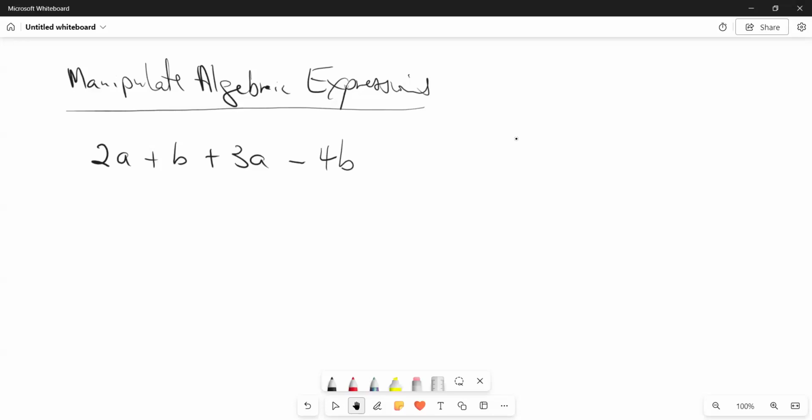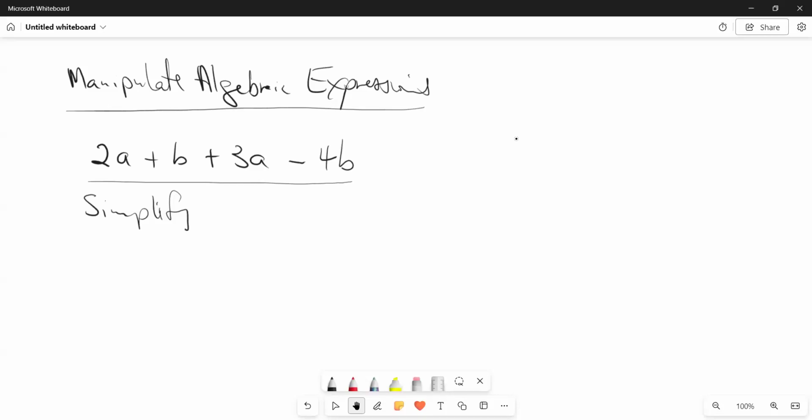This is an algebraic expression. However, this is not in its simplest form. We can actually simplify it. This one involves just addition and subtraction.